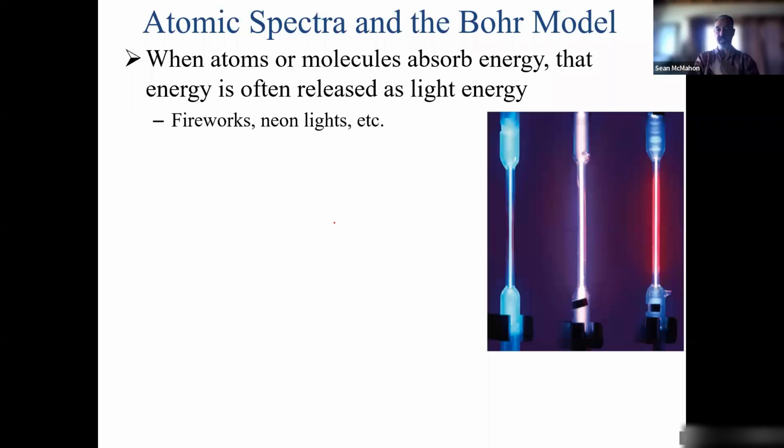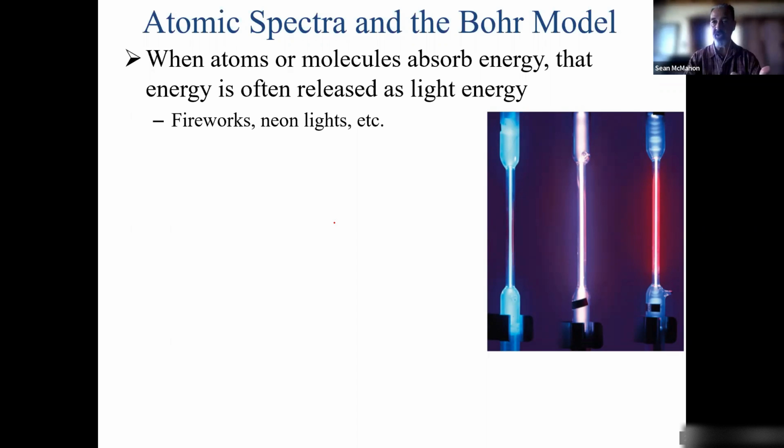But just like if I throw a ball up, what goes up must come down. So they absorb the electrical energy, that's an absorption, and when they drop down to where they belong, it's called relaxing. It releases that energy, that's called an emission, and you see light.